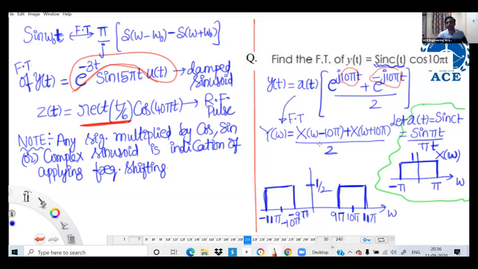Bacha, what is the ideal low pass filter converted to? Originally an ideal low pass filter, now it becomes what, sir? Come on. Ideal low pass filter converted to ideal band pass filter. Good, good.